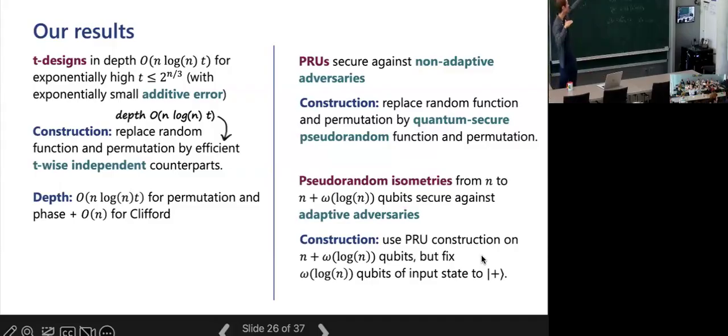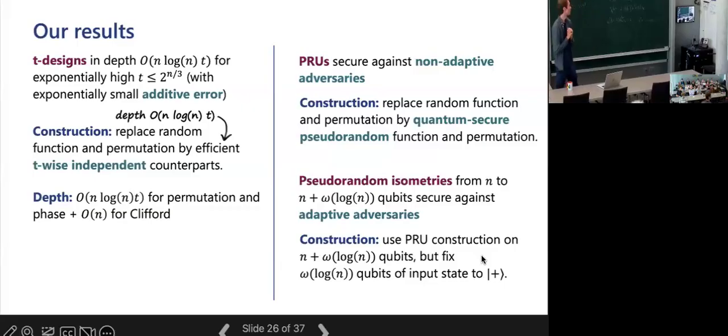If you have a plus state on a super logarithmic number of qubits and you measure it, and then take another copy and measure it again, you have a negligible chance of getting the same string. That's the property that we need for the adaptive security. So this is why we need these extra input qubits. Again, this has now been replaced by this Mark 1 proof that doesn't actually need these extra qubits.